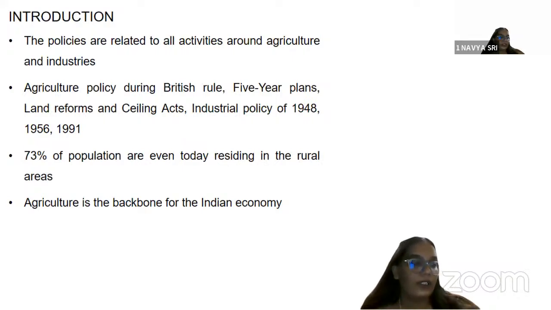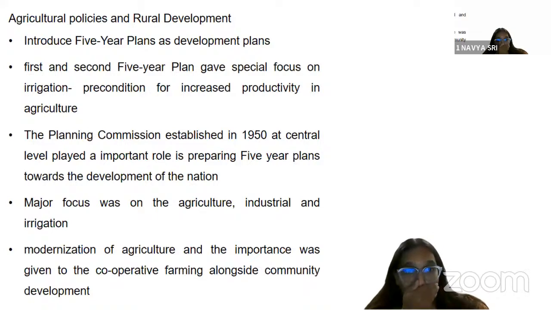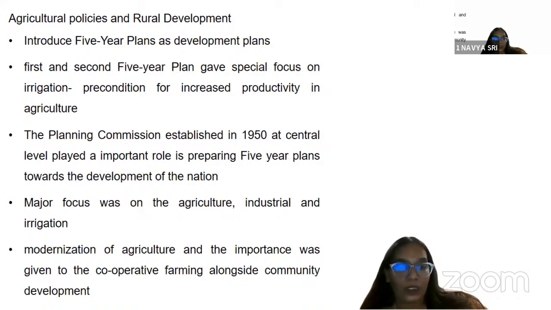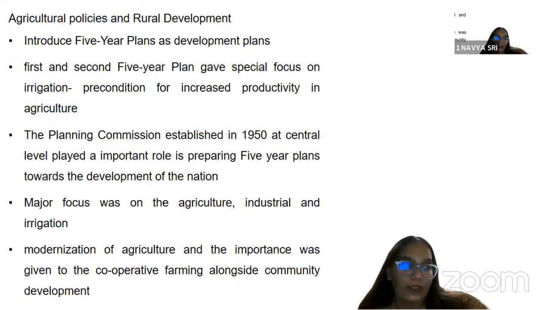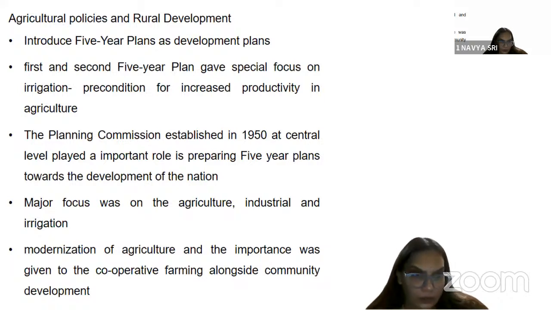Yes, we have read about agricultural policy, British 5-year plans, and agriculture has been the main backbone. Then come agricultural policies and rural development, where the 5-year plan's main agenda is to look for rural development, etc.